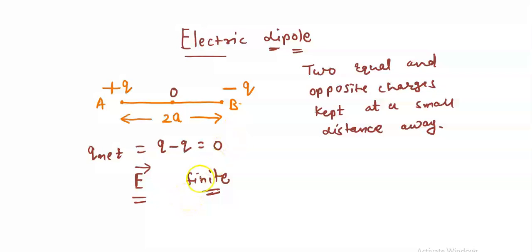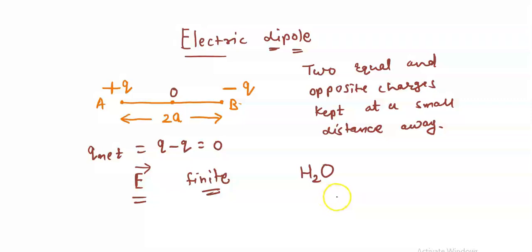Now one example of electric dipole you must have seen and heard about is the water molecule H2O. You know that the lone pair of electrons transfer towards the oxygen, and because of that oxygen becomes negatively charged.